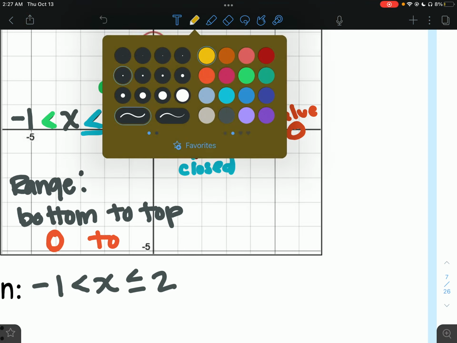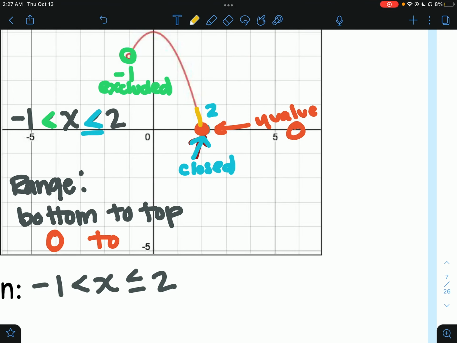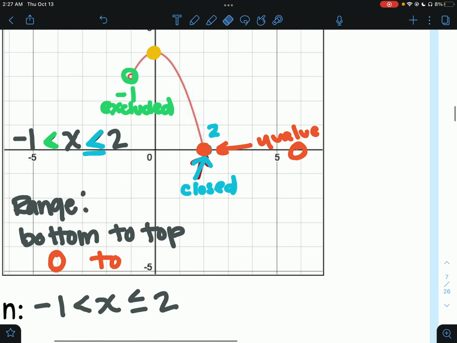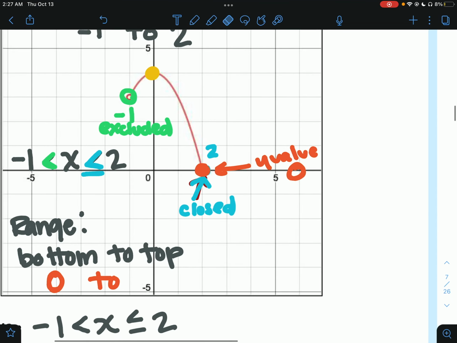If we follow our graph again, we're going to follow it up. We want to go to the highest point. Oh, notice the highest point is not necessarily an endpoint. The highest point of our graph right here is in the curve.